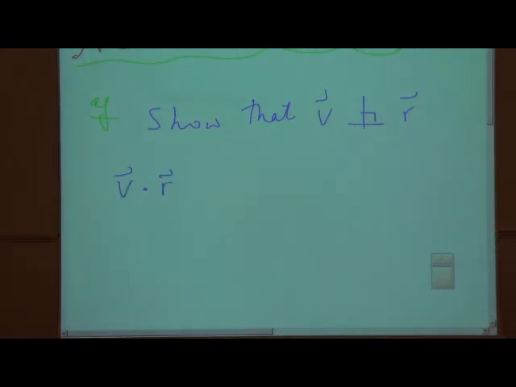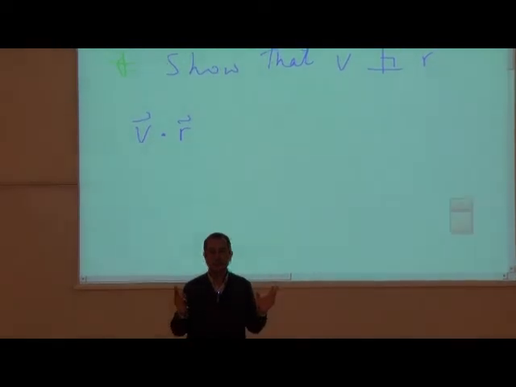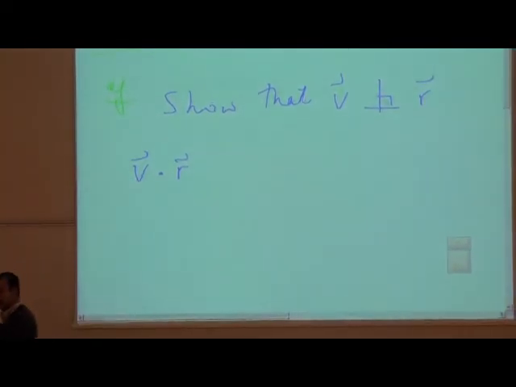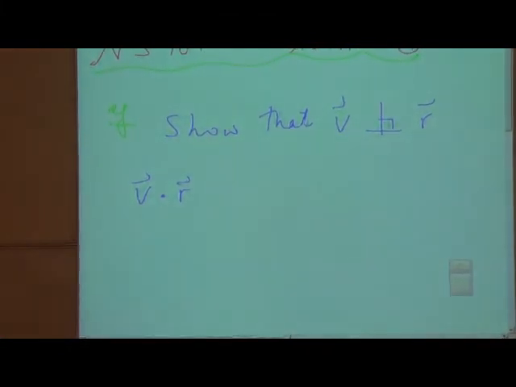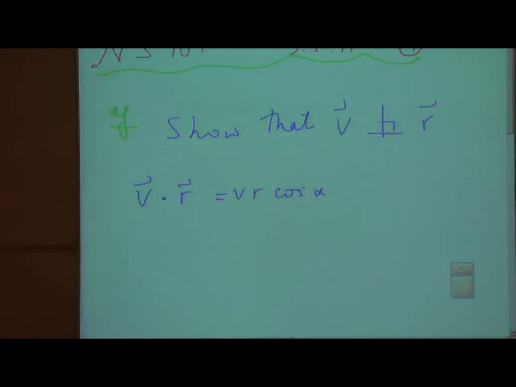we have 2 vectors, and we can get the information about the angle between them by taking their dot product. Why? Because we showed that the dot product equals V times R times cosine of the angle between them. I'll call that alpha, not to get confused. What is that?